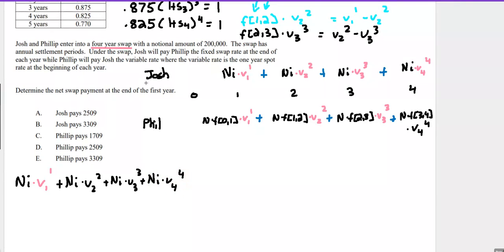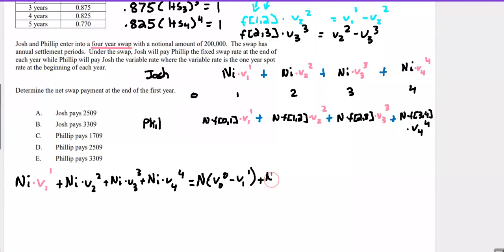So that's the present value of Josh's interest payments, and that's going to be equal to, now we're going to use that technique that I talked about, okay? We're going to turn it into a telescoping sum. So the notional amount times v sub 0 to the 0 minus v sub 1 to the 1, okay?